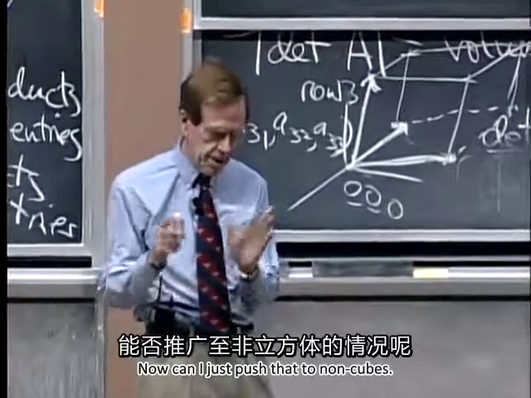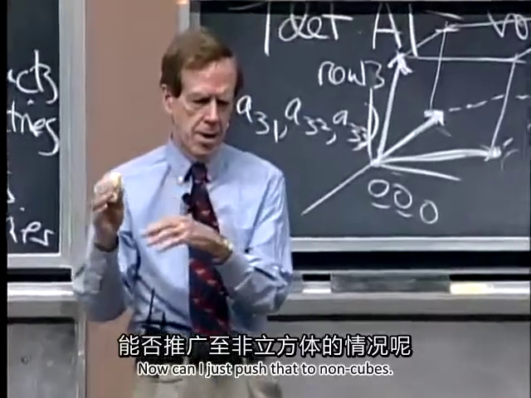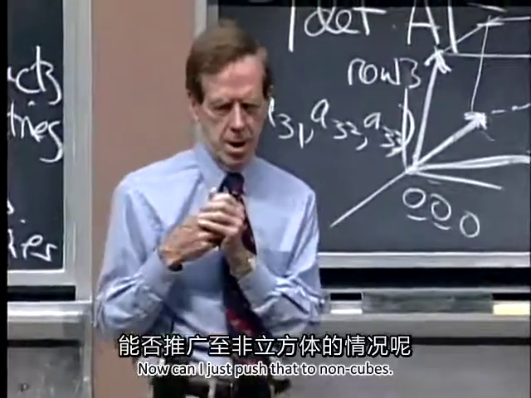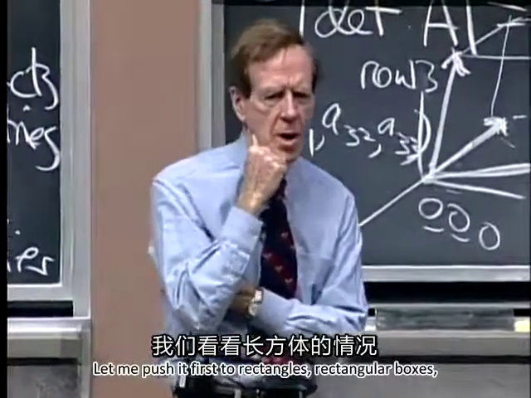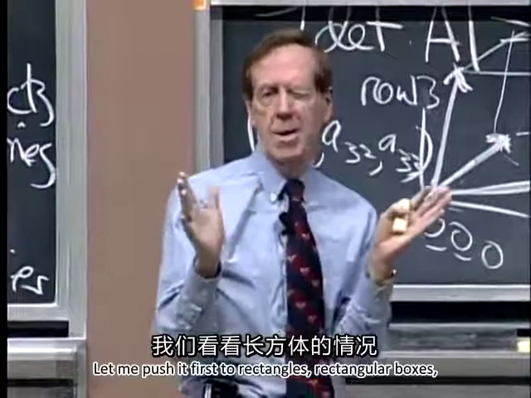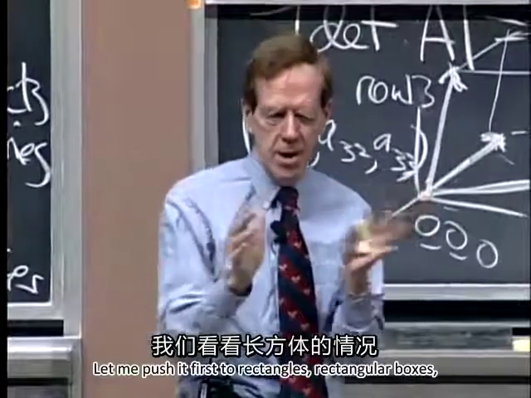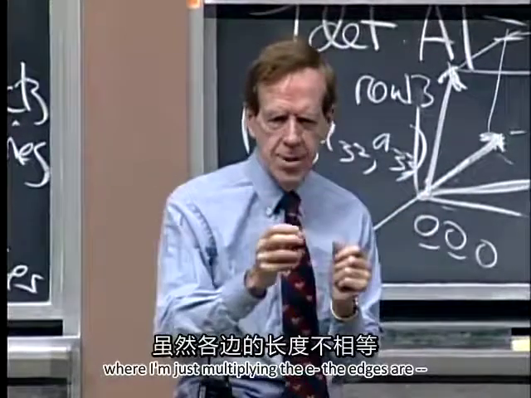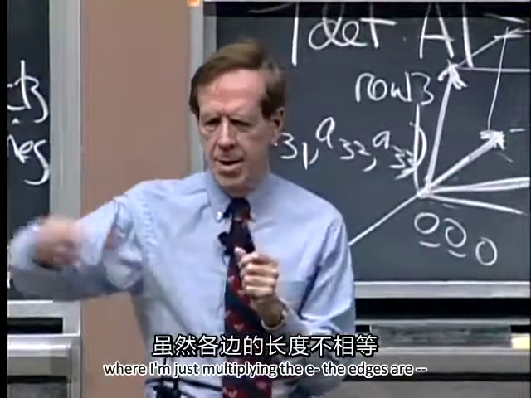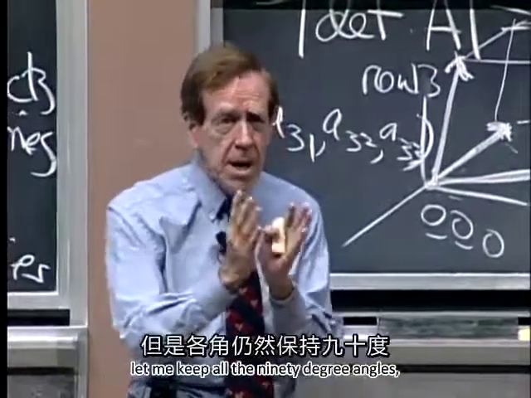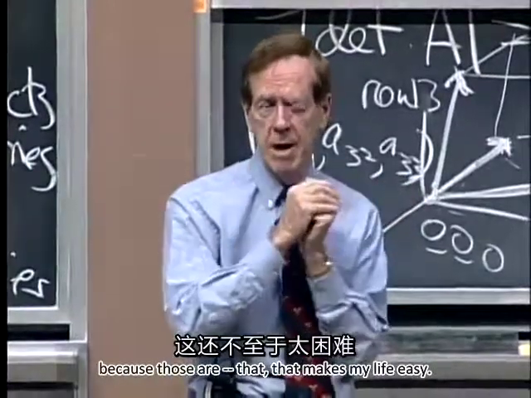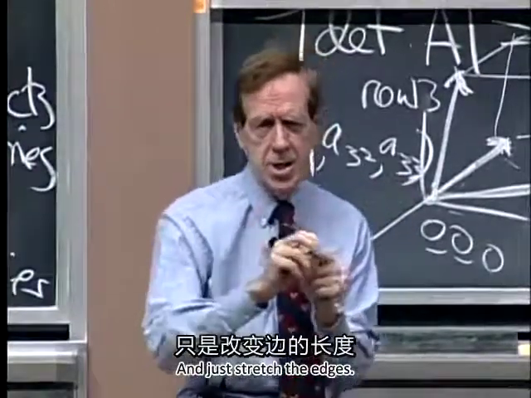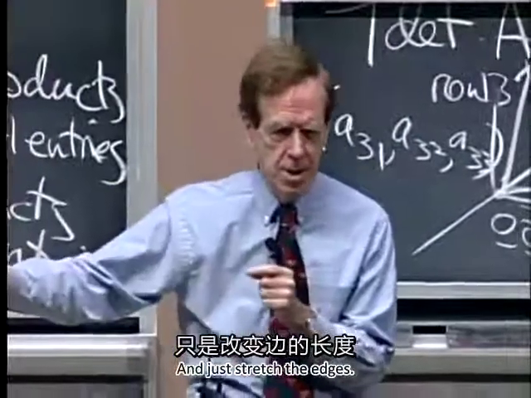Now, can I just push that to non-cubes? Let me push it first to rectangles, rectangular boxes, where the edges are just multiplied. Let me keep all the 90-degree angles, because that makes my life easy, and just stretch the edges.